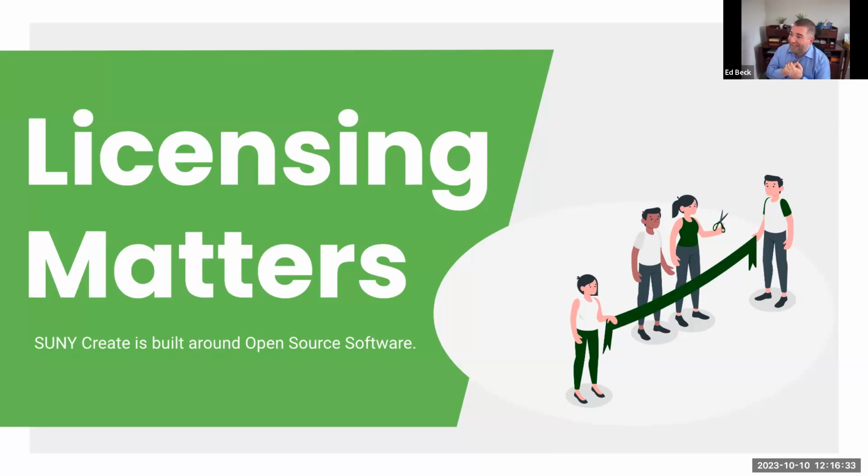But running edbeck.com so that you have a little slice of the web that's all yours, and you're learning about managing an open source tool so that you feel comfortable that the next time a good project comes up that might use an open source tool or could use a closed source tool, you have the experience to say, oh, I've been doing this for a little while on my server just for myself. I think this might be a good project to put on WordPress. I think this might be a good project to put on Pressbooks. I think this might be a good repository to put in Omeka. So I'm constantly thinking about this licensing.